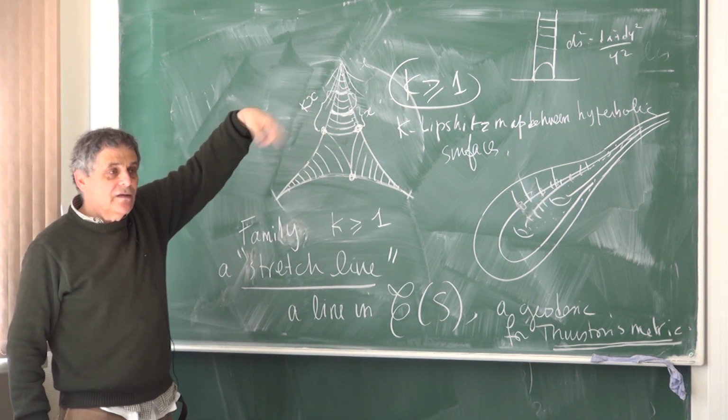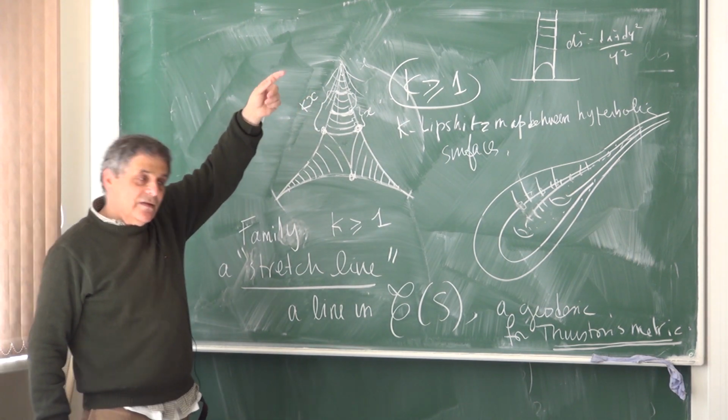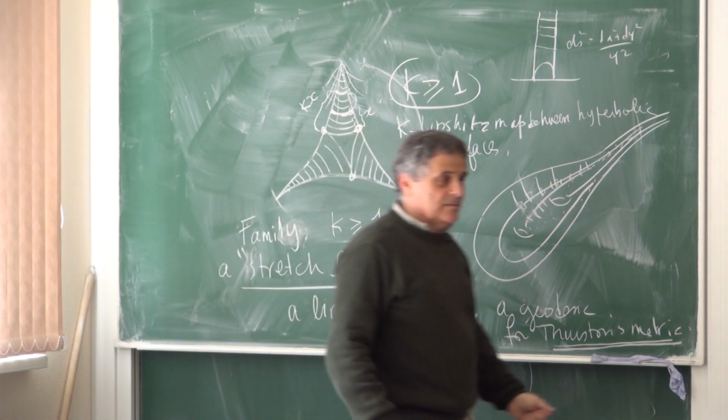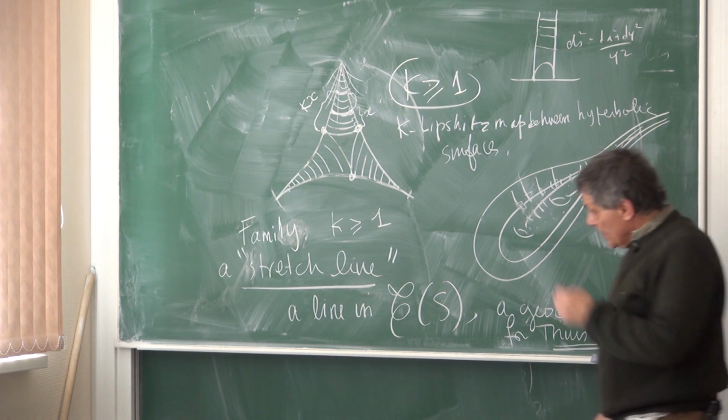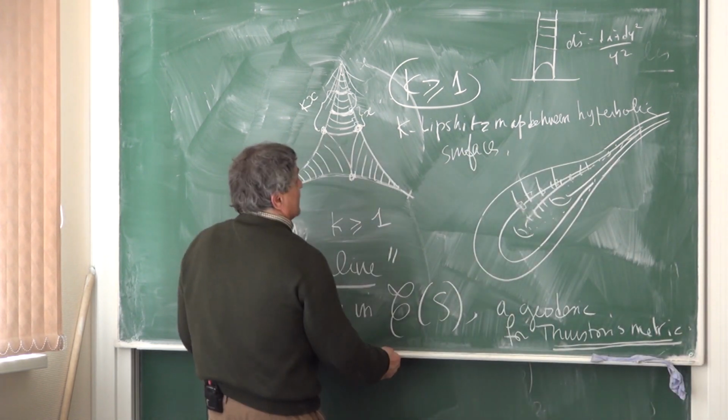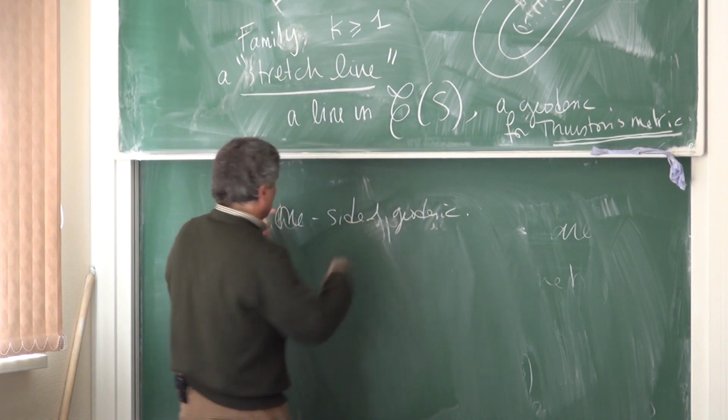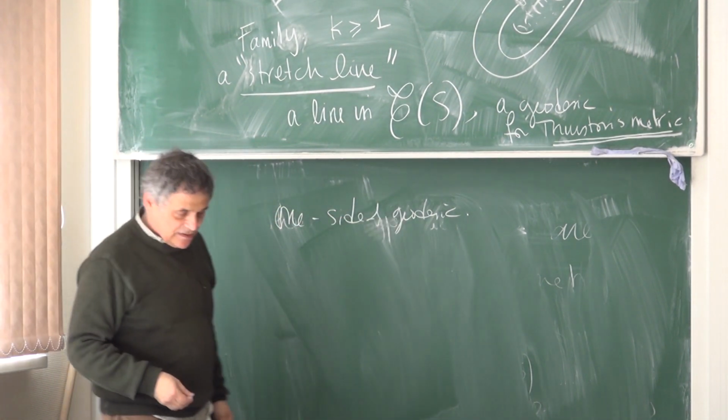So for the inverse map, the contraction is infinite. Am I saying it clearly? Okay, so you are right here. This is a one-sided geodesic.